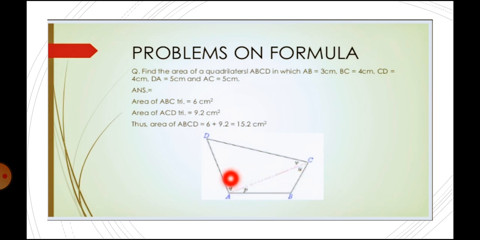Also, again we can find the area of triangle ACD by Heron's formula. The area of triangle ABC is equal to 6 cm square. Area of triangle ACD is equal to 9.2 cm square. Therefore, the area of quadrilateral ABCD, by adding these two, we get 15.2 centimeter square.